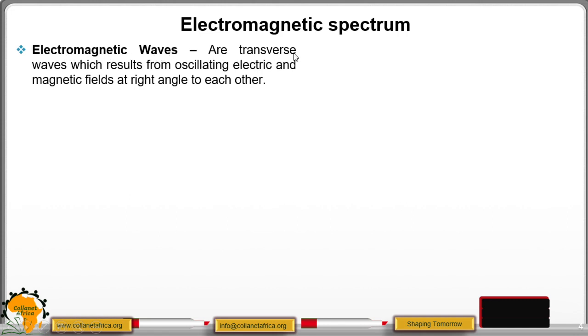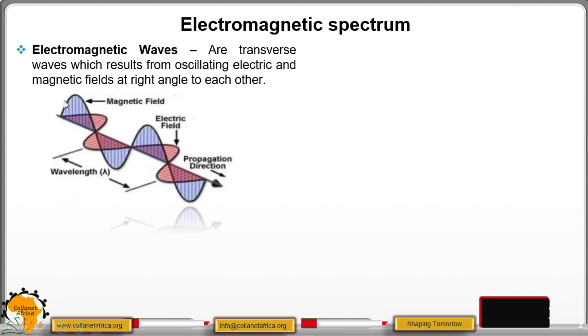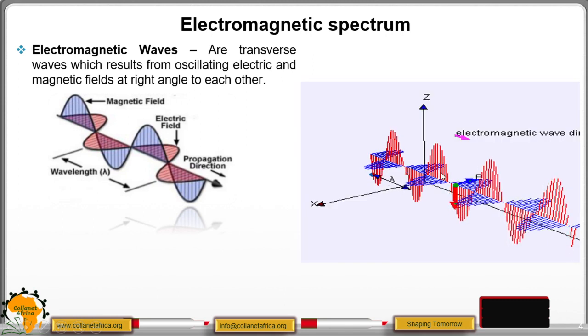So electromagnetic waves are transverse waves, which result from oscillating electric field and magnetic field at right angle to each other. As from our diagram here, we have magnetic field moving up and down and electric field moving in a horizontal direction, as shown here.